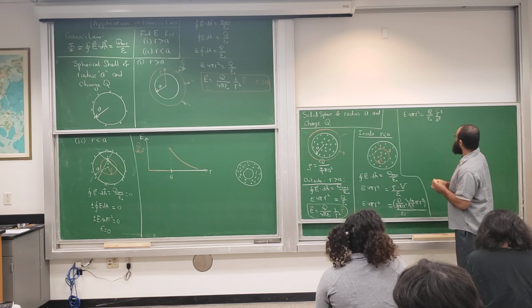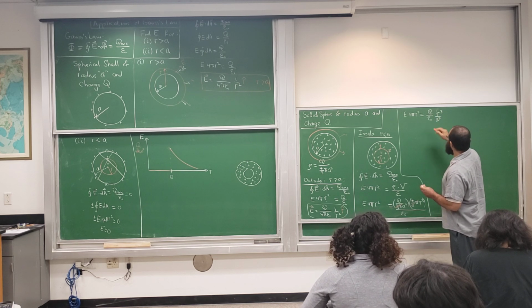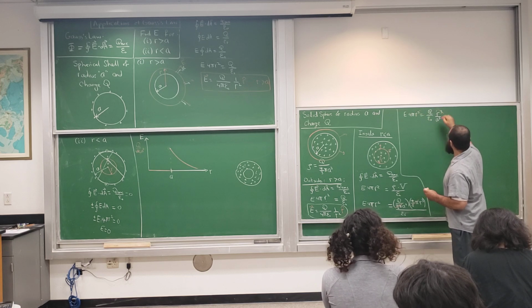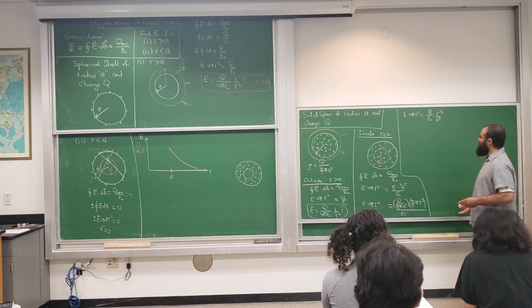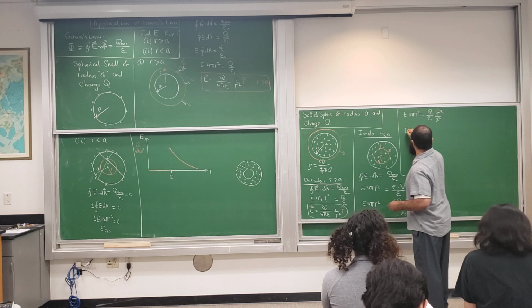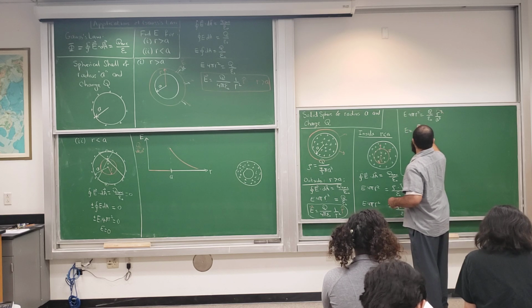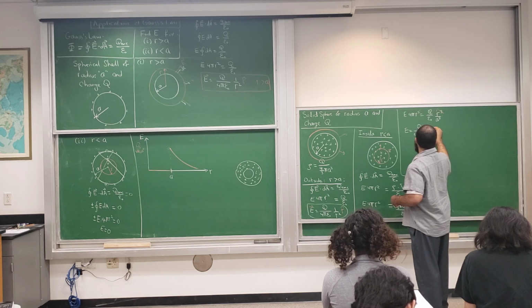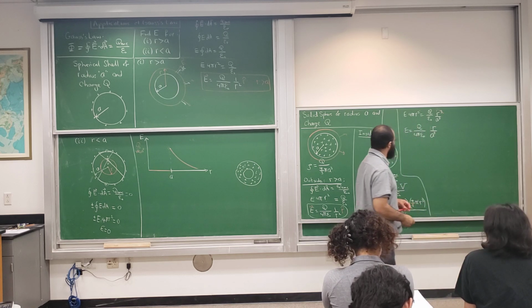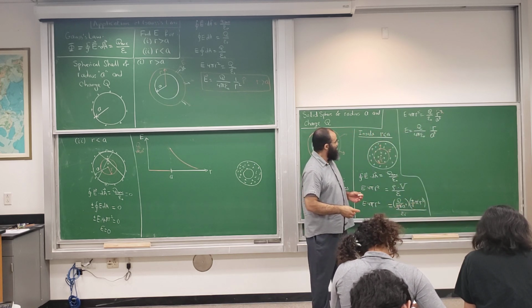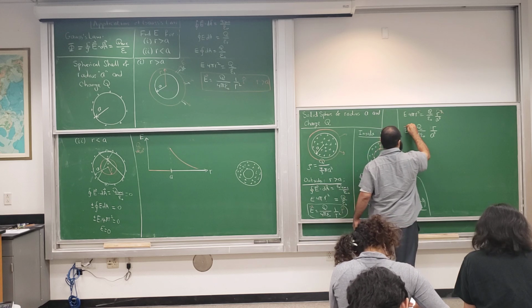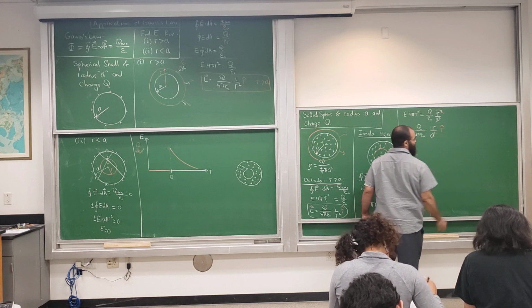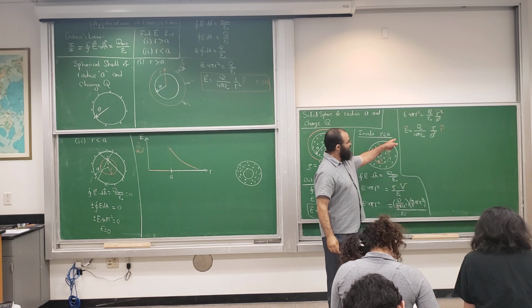This R squared cancels this. So we get E will equal Q over 4 pi epsilon naught and then R over A cubed. And let's put the vector back. That's the field inside the sphere.